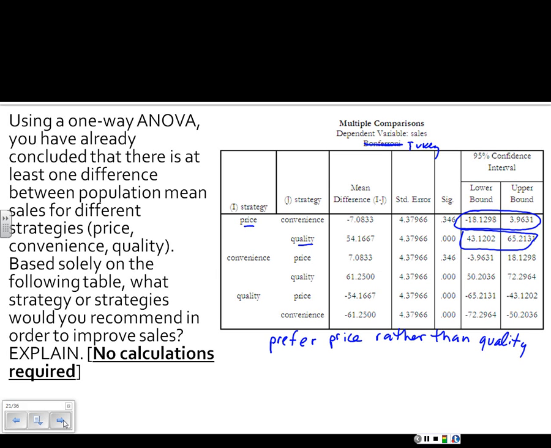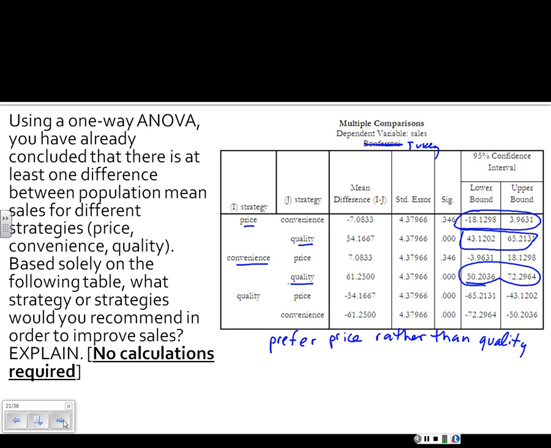So on the next one anyway, we've already done convenience and price. The numbers are going to be reversed over here. So the next one we need to do is convenience and quality. And convenience is somewhere between 50 and 72 greater than quality.